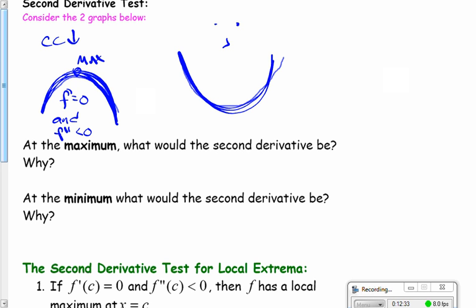If I had a critical value right there, f prime equals 0, and f double prime is greater than 0, there's only one type of point that can satisfy that. What does it have to be? It has to be a local min. I should put the word local in front of this one too, guys, because I don't know that it's an absolute max, do I? I can only determine local mins and maxes at this point. Good?